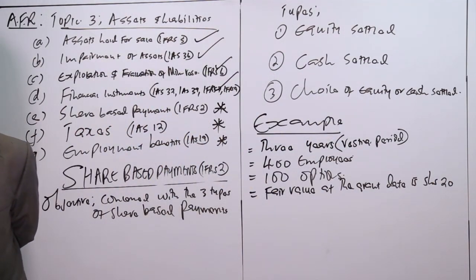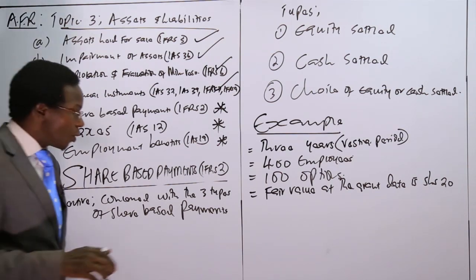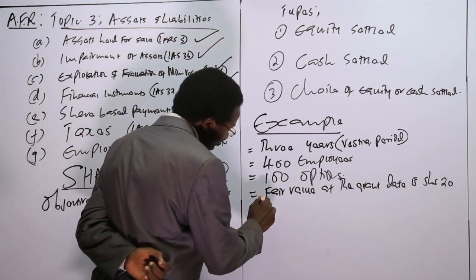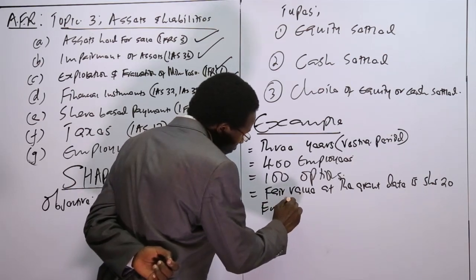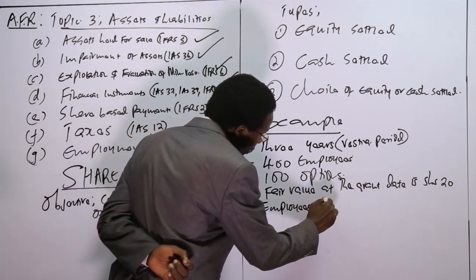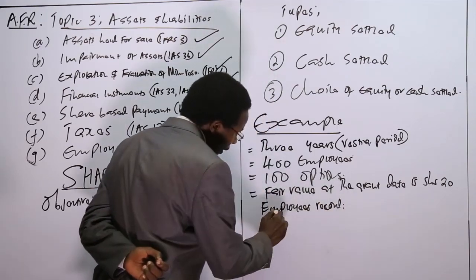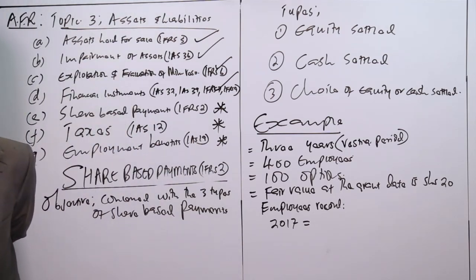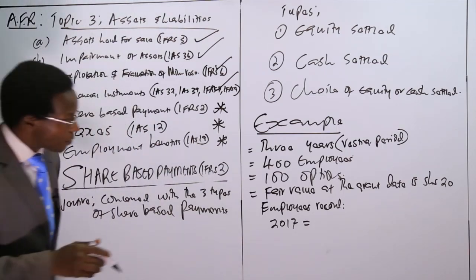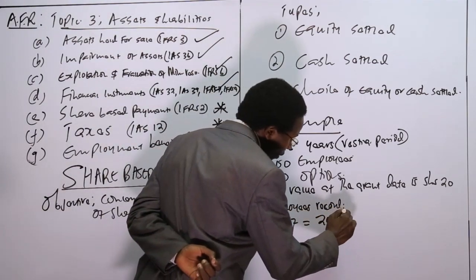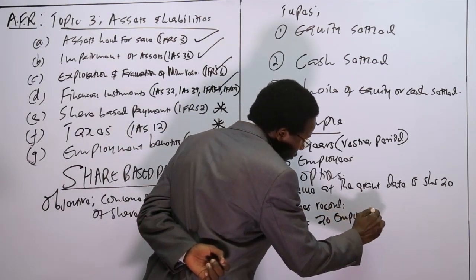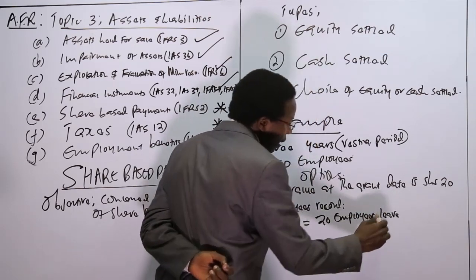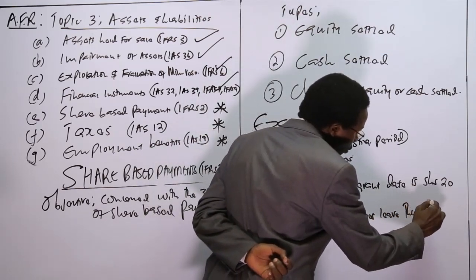Those are share options. Then we have also been told that there are some employees who are expected to leave, the employees record. In 2017, 20 employees leave. That's 20%.